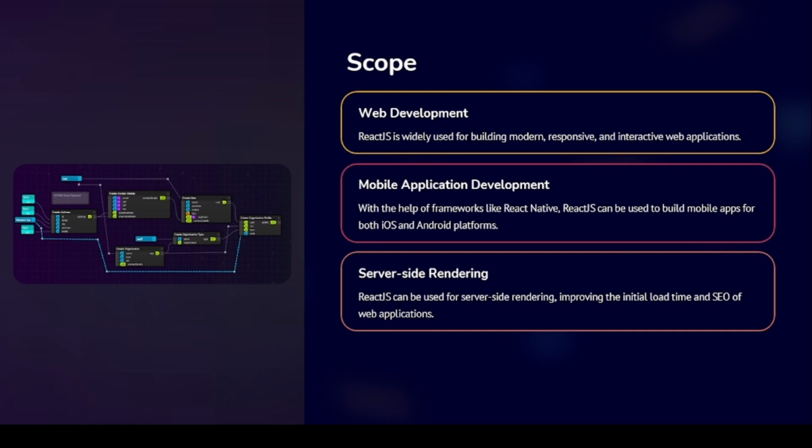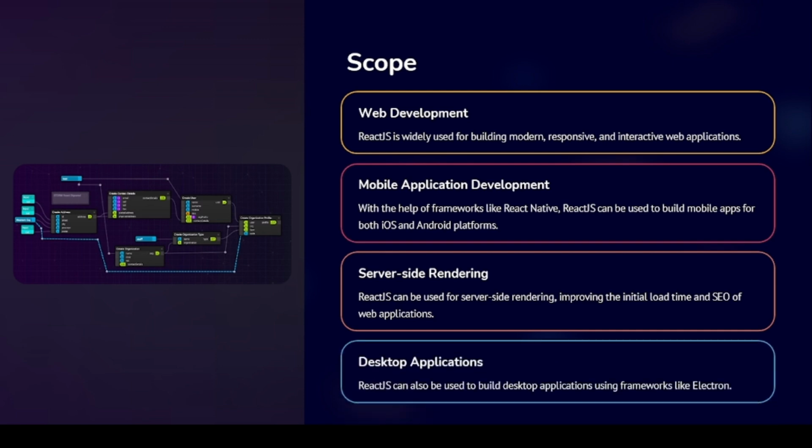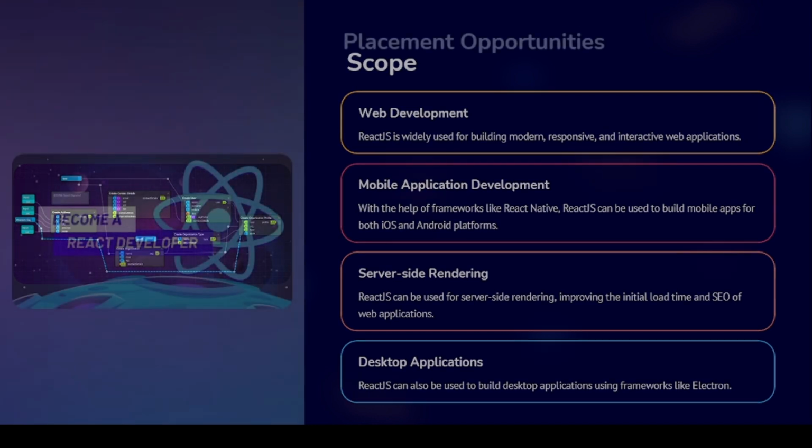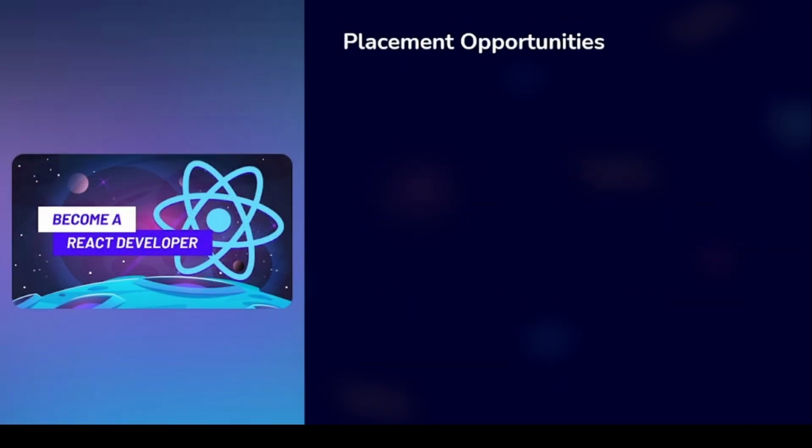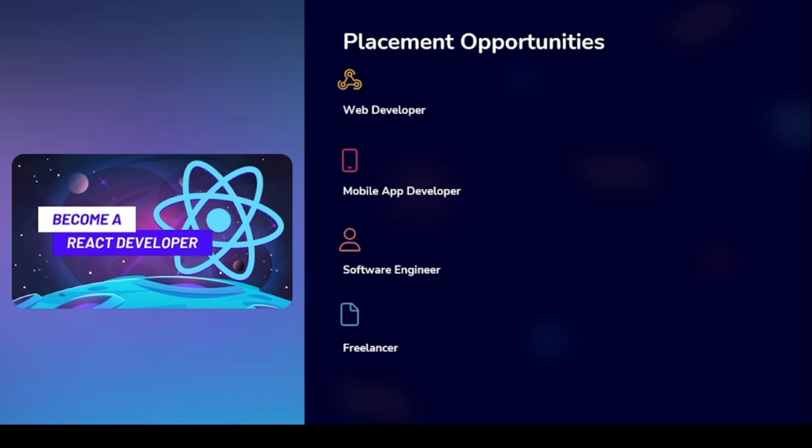It can improve the initial load time and the search engine optimization of web applications. Finally, we have desktop applications where we can use frameworks like Electron. Now, last but not the least, based on these areas, you can secure your job as a web developer, mobile app developer, software engineer, and freelancer.